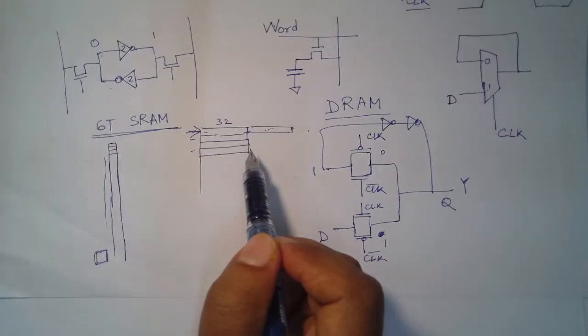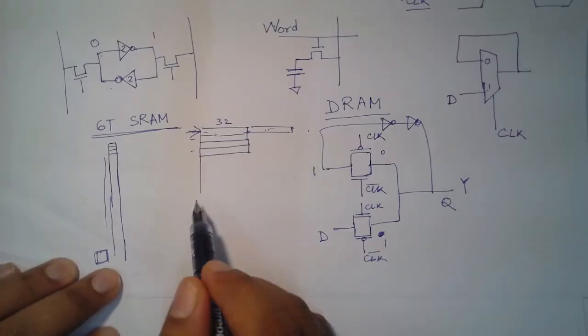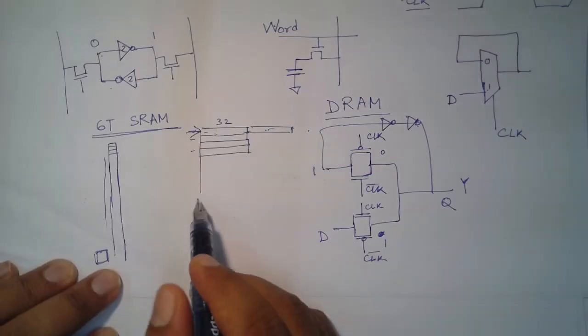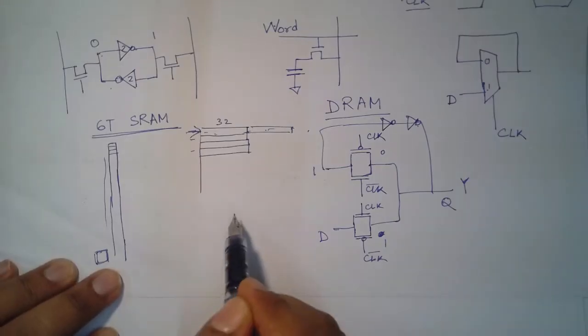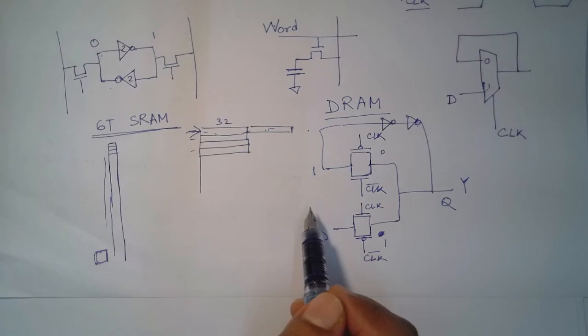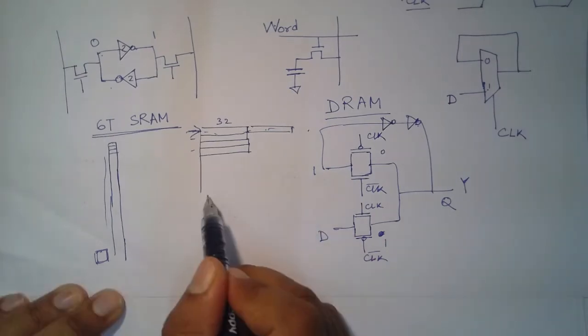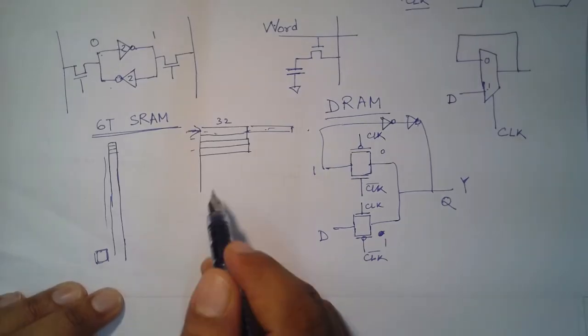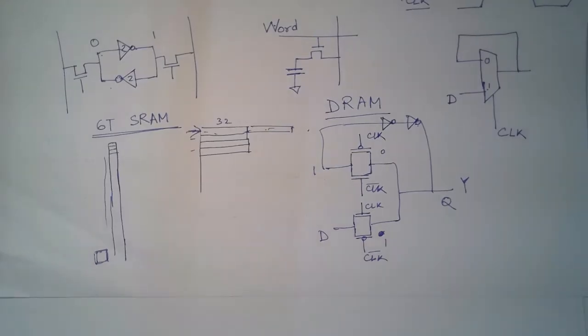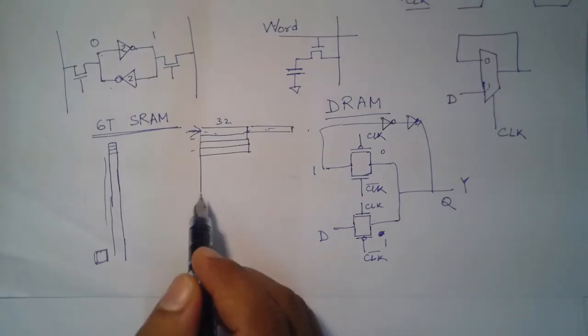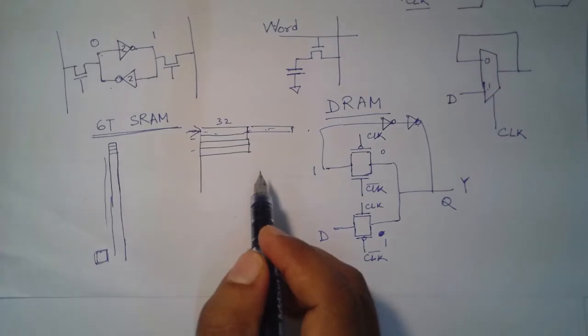So this actually will make your row decoding, your column decoding. So you have to now column-wise also look at the data. So your row and column decoding becomes a little more complex, and as things become more complex, your access speed gets affected. So basically these are the practical challenges in case of memory systems or memory technology.